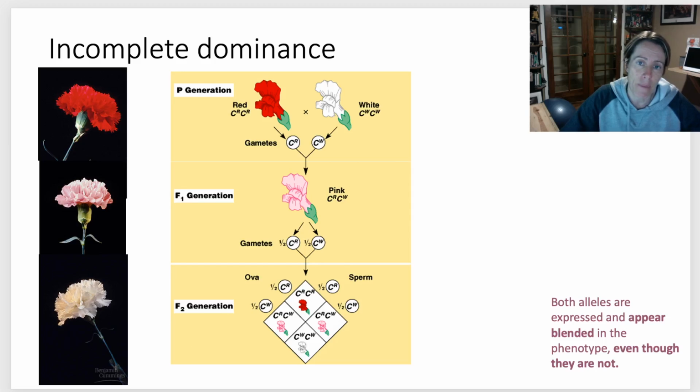This diagram here is showing snapdragons or antirrhinums, which are a kind of flower. Here are carnations. Those are the kinds of flowers that you have like in lapels, you know, for corsages and stuff like that. All right, so in this situation, we're going to cross a red flowered true breeding plant with a white flowered true breeding plant.